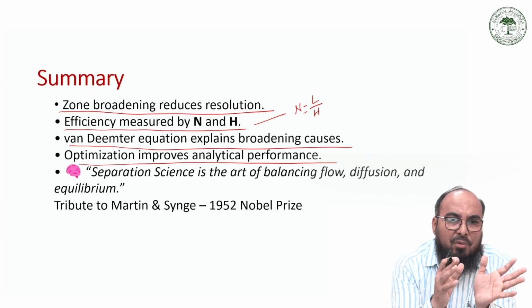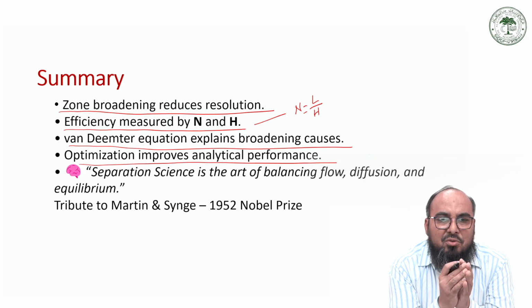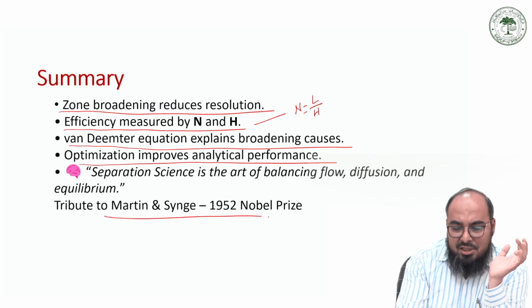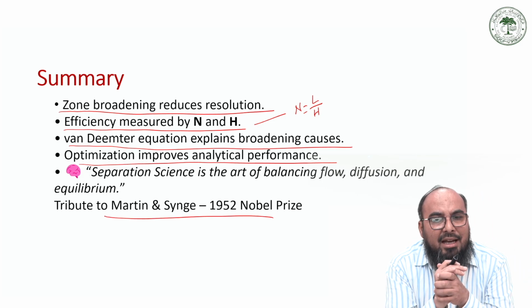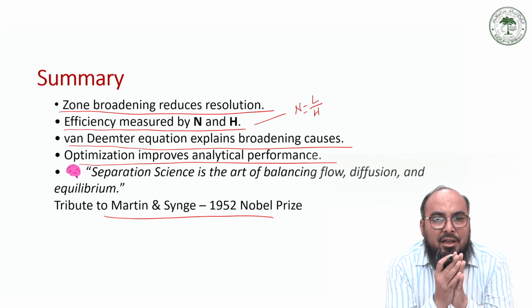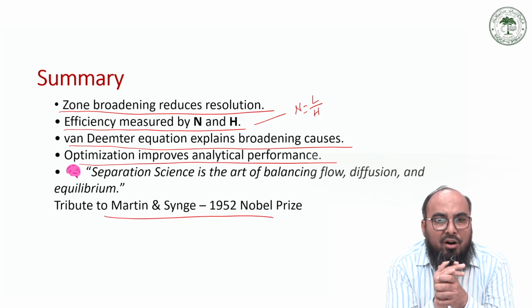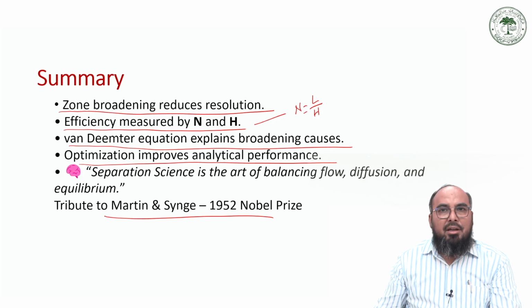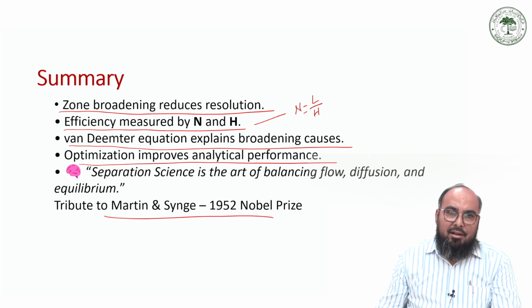And all the tribute goes to the geniuses of their time, Martin and Synge, who proposed this plate theory in 1941, and they were bestowed the Nobel Prize in 1952 for their separation theories. So this is how band broadening gives you an idea, and Van Deemeter gives you an answer in a quantitative manner.